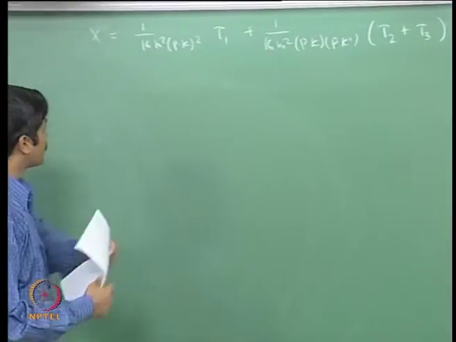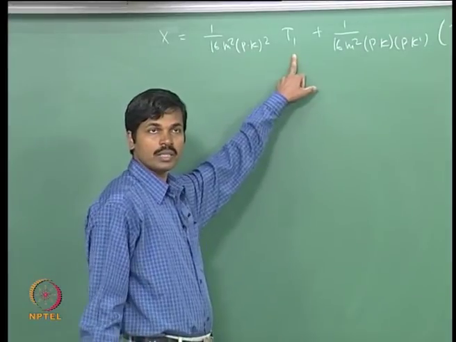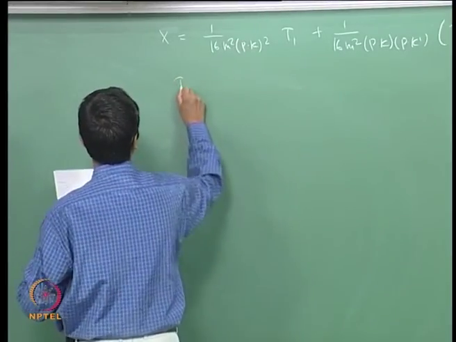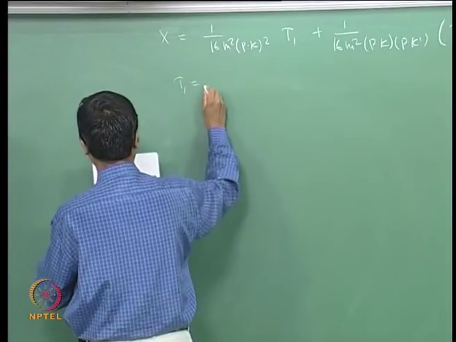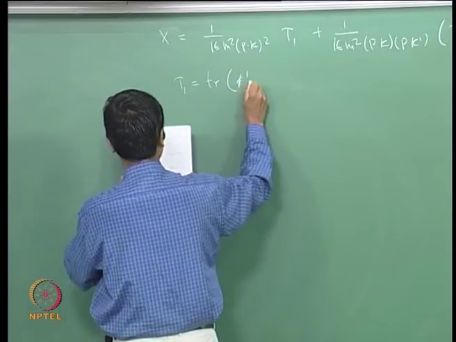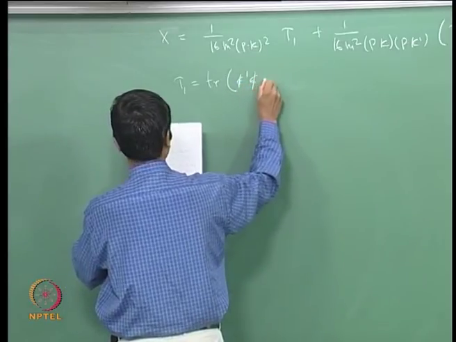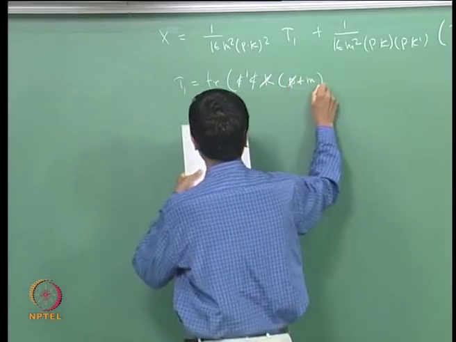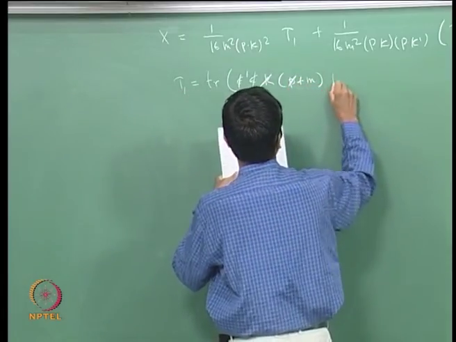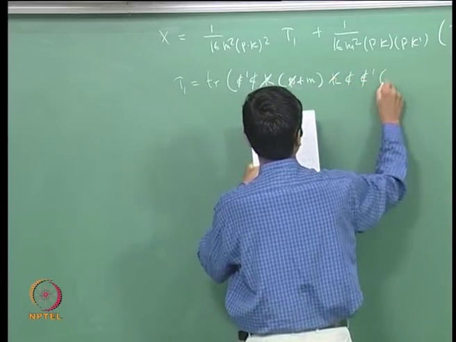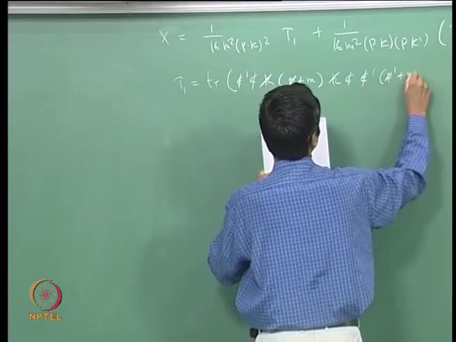We have evaluated T1, and then we have shown that T1 is equal to the trace of ε′-slash ε-slash k-slash (p-slash + m) k-slash ε′-slash p′-slash + m.